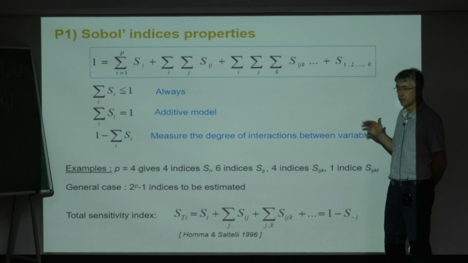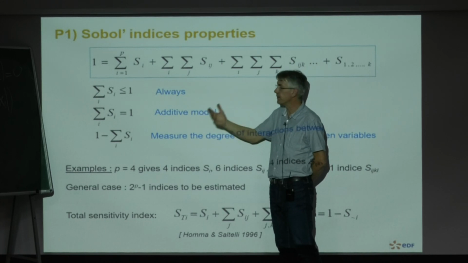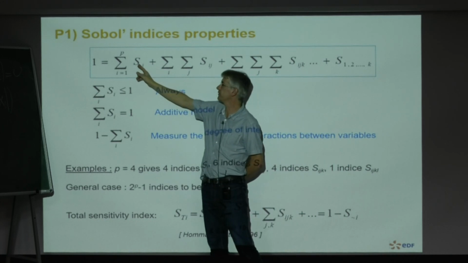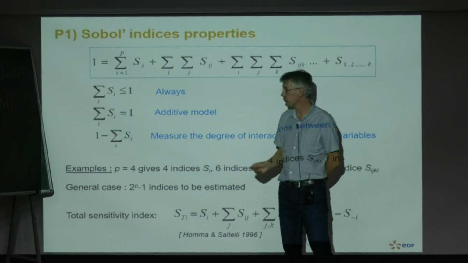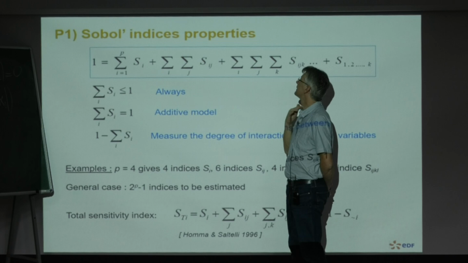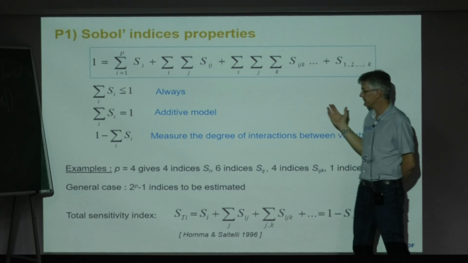The difficulty in practice is to estimate these. I have explained a simple method to estimate first order, but most of the time we use a Monte Carlo method. But then, of course, you have too many indices.